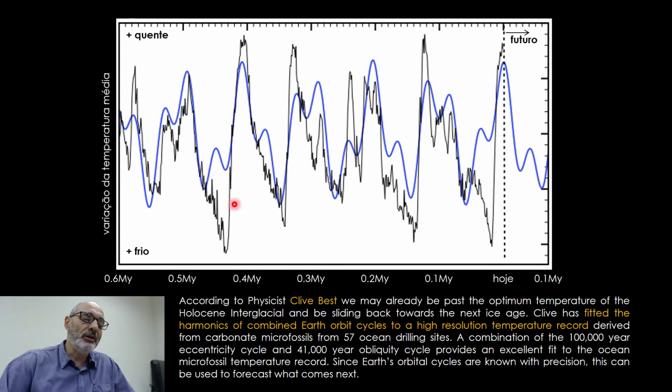And there are several other aspects. For instance, the amount of CO2, the amount of greenhouse effect that we have, also influences this average temperature. So you have several factors influencing the average temperature on Earth.